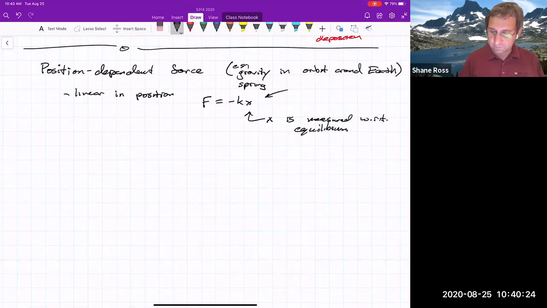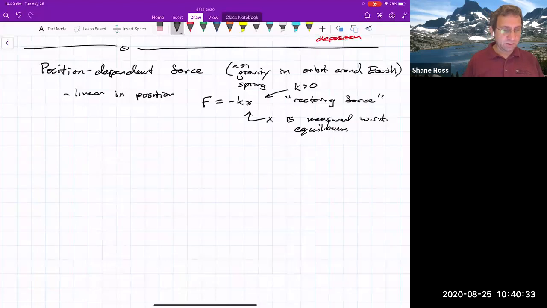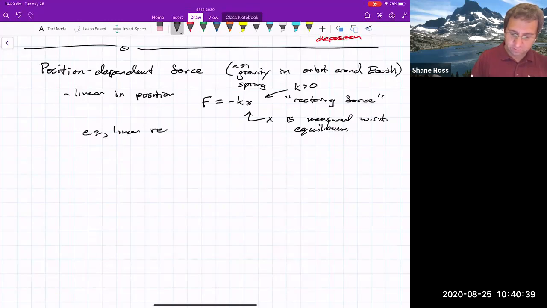Something of this form, where k is a positive constant, we would call a linear restoring force, or just restoring force. So for example, the linear restoring force of a spring, or some element that acts like a spring.